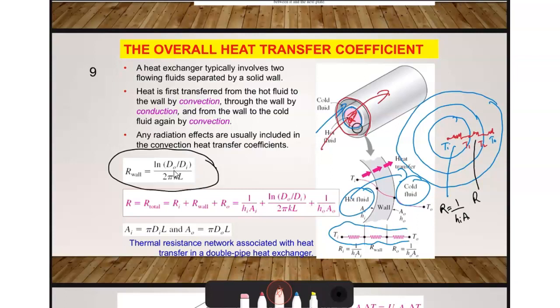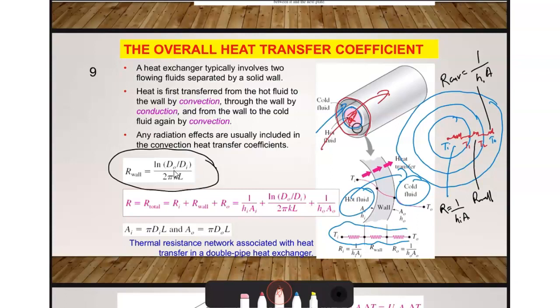And last but not least, the outer one is still convection, so R convection is equal to 1 over h A, in this case ho.